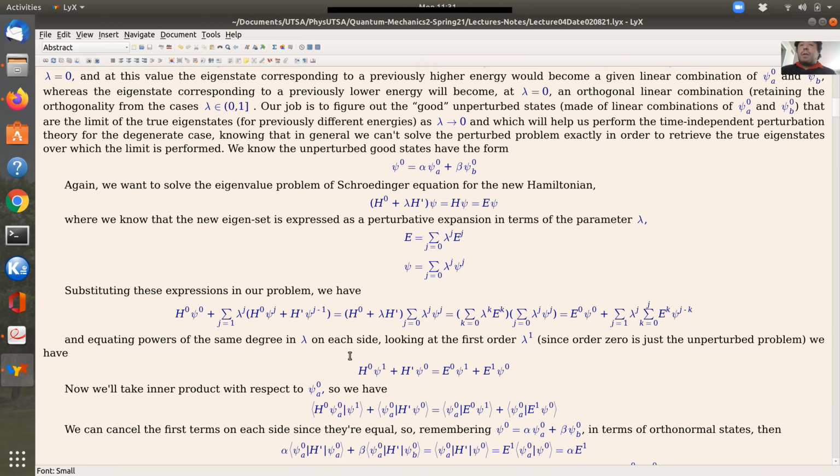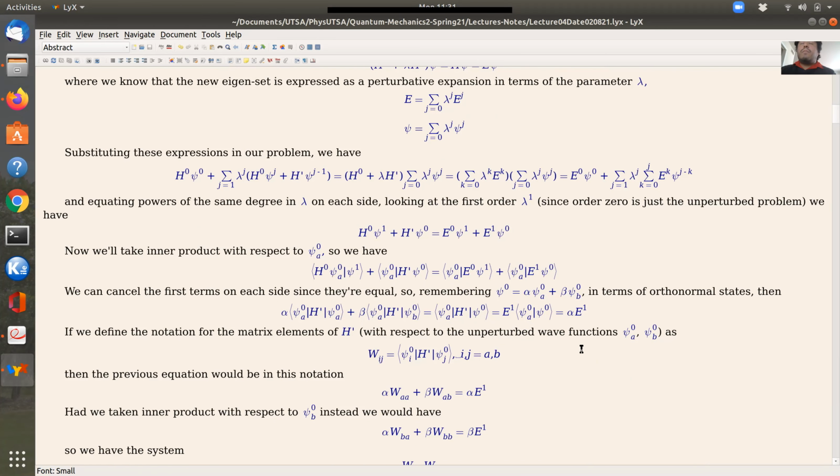If we go to equating powers of the same degree in lambda, we have again this balance. At first order, we have H naught psi 1 plus H prime psi naught, because of this power of lambda over here, equal to E naught psi 1 plus E1 psi naught.